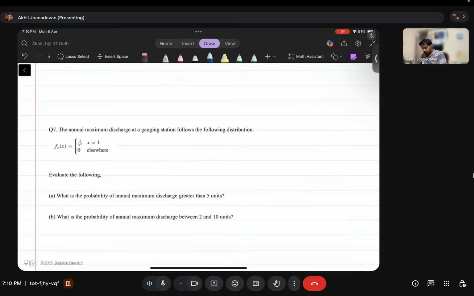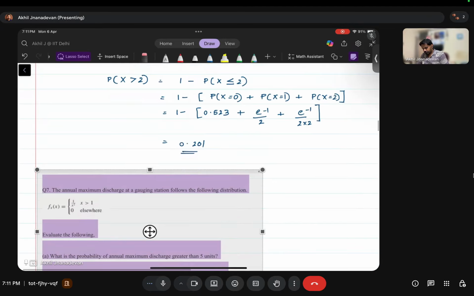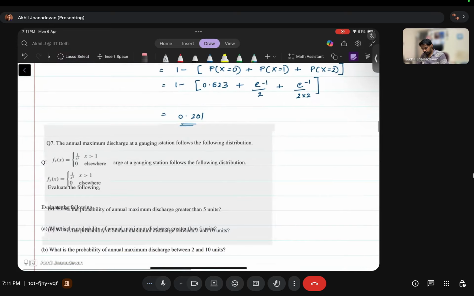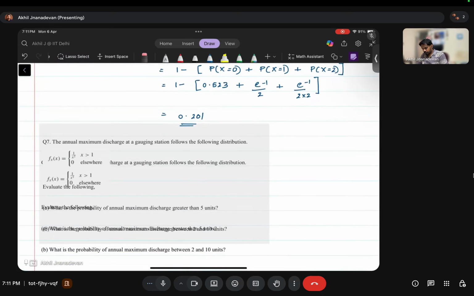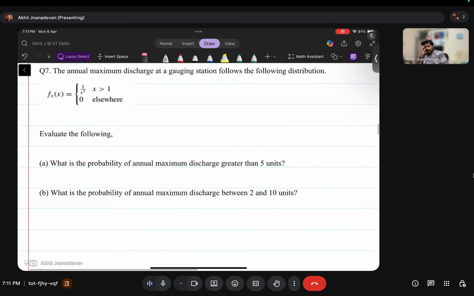Now we can go for a continuous random variable case. It is question 7. So the annual maximum discharge at a gauging station follows the following distribution. Earlier the random variable was discrete because it was the number of rainy days, right?